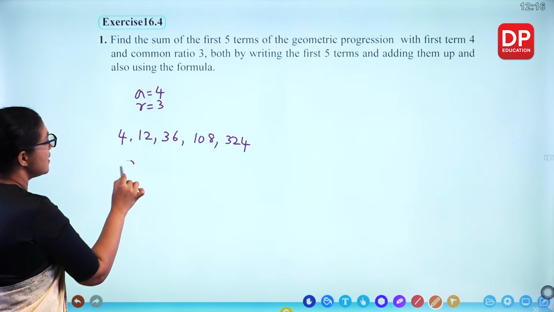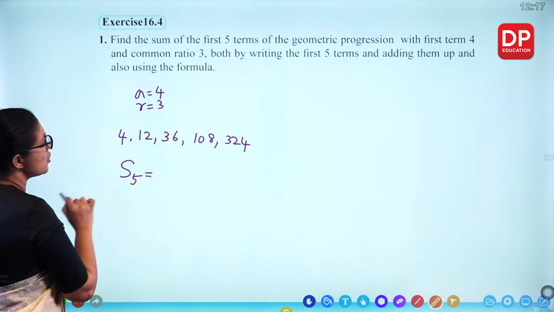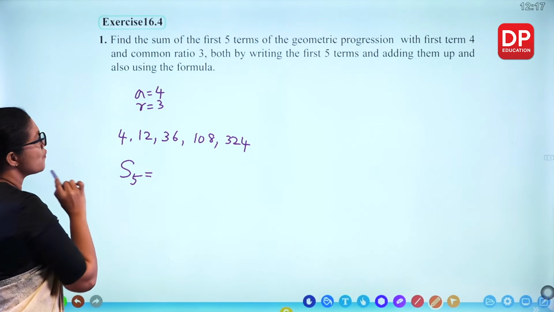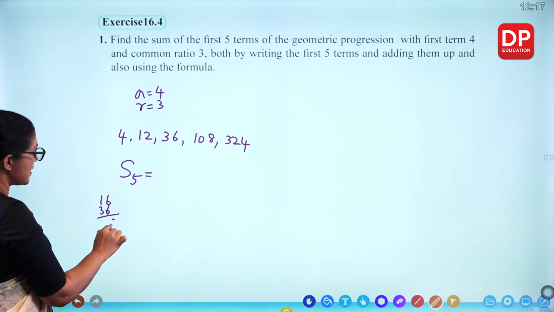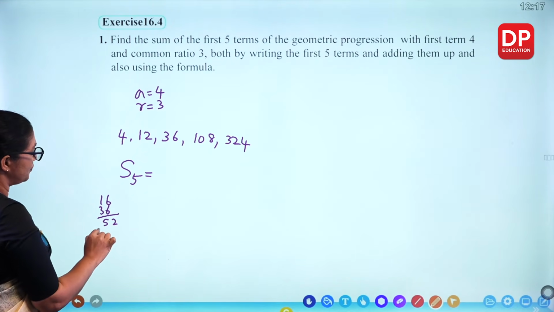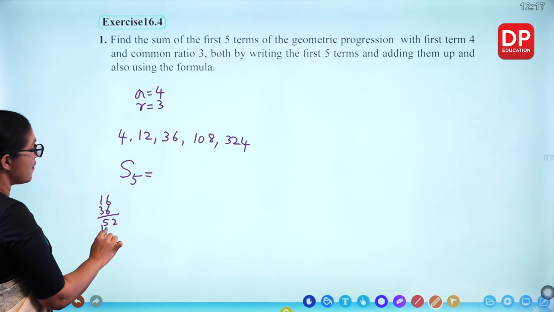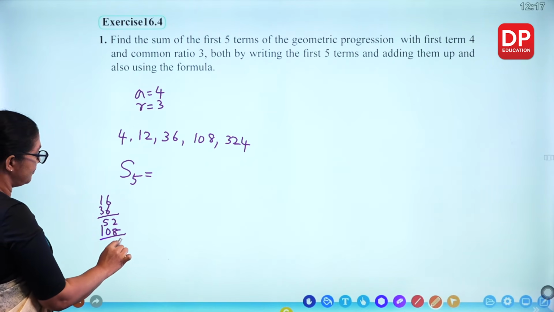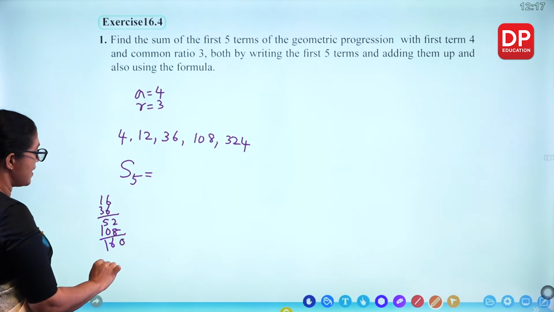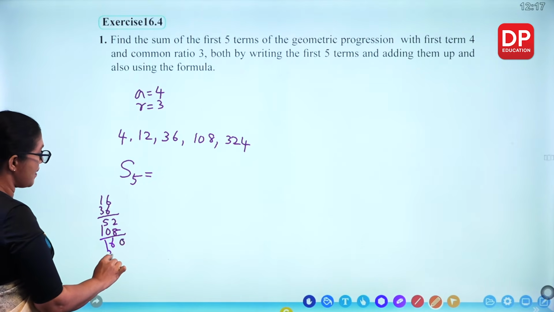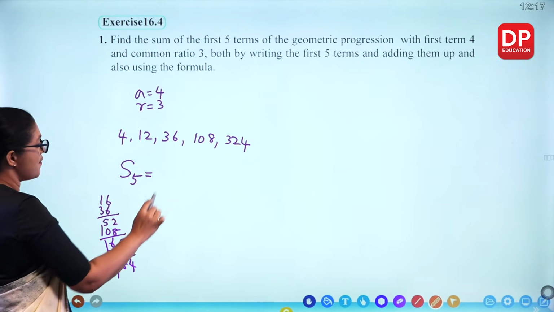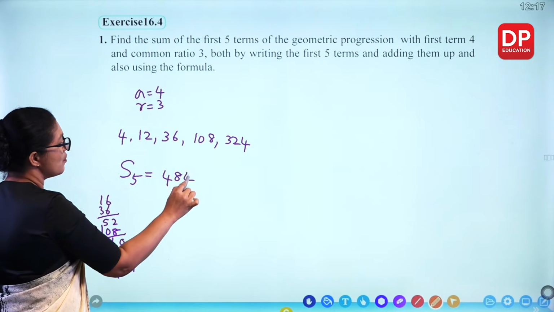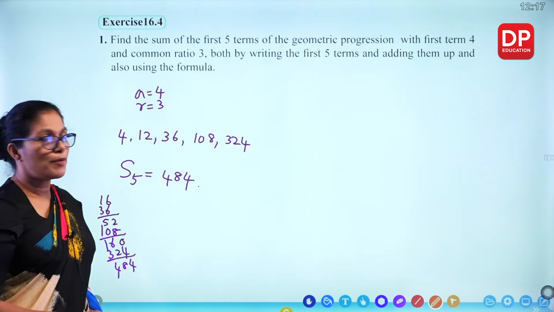When you add all 5 terms together, what do you get? 12 plus 4, 16. 16 plus 36, 52. 52 plus 108, 160. 160 plus 324, you get 484.